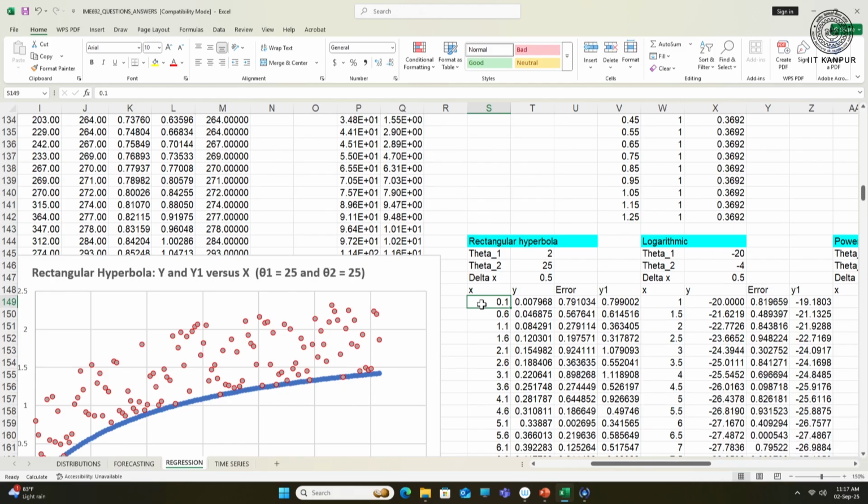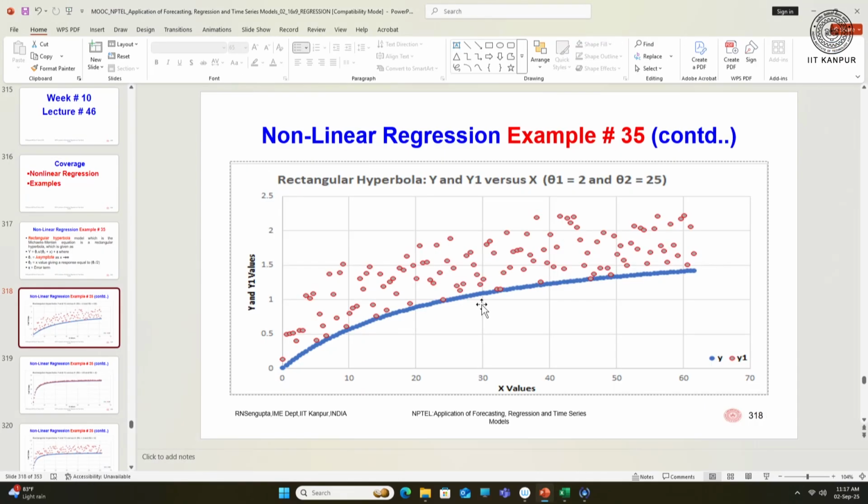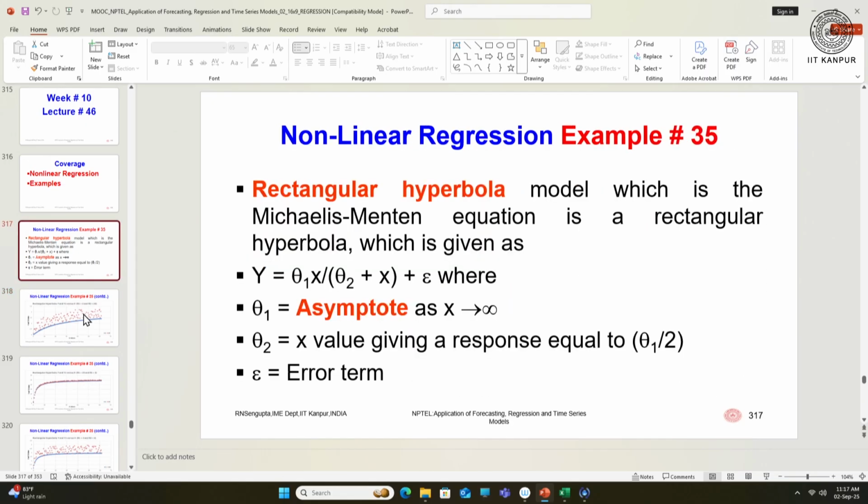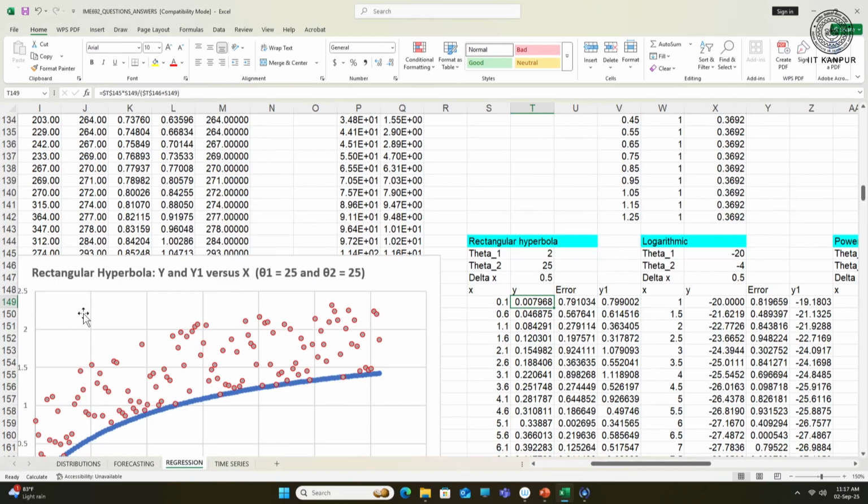Now, what I do is for the y value, I utilize this formula. Formula was, if you remember, if I go back to the slide, it gives you in the numerator theta 1 into x, in the denominator you have theta 2 plus x. So, we check that.